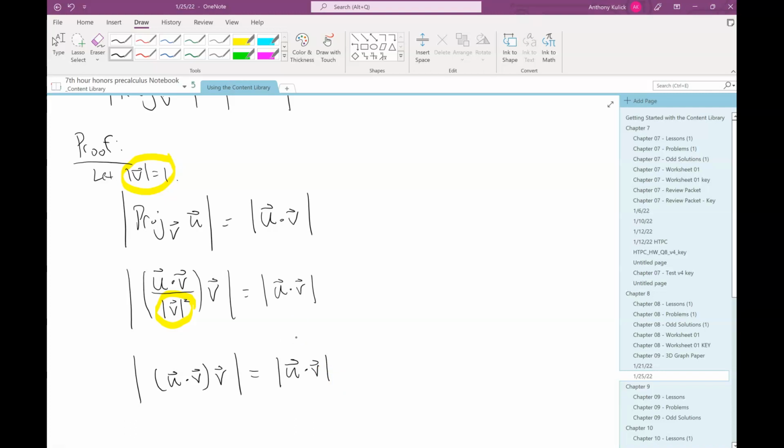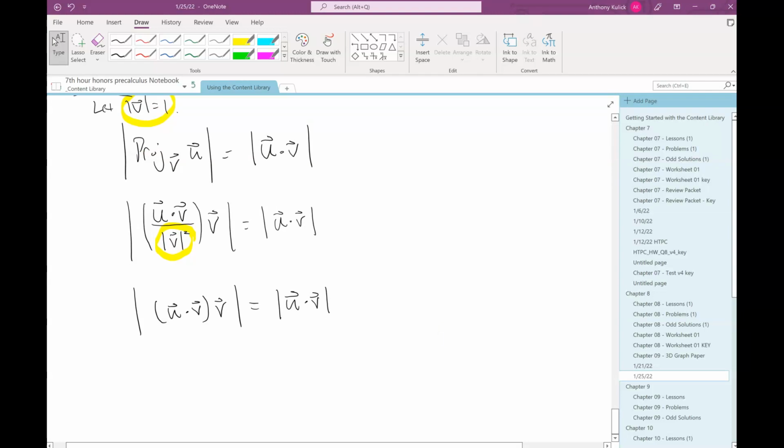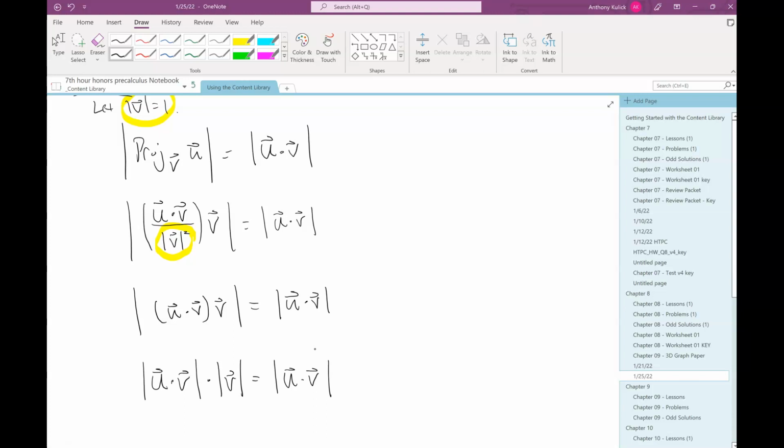Everybody's okay with that? Now remember from before we saw that when we're calculating a magnitude, we can pull a scalar out of that. That's what I'm going to do now. But when I pull that scalar out, I know it's going to create an absolute value around that scalar. Again, because I know that a magnitude can't give me a negative number, so whatever that scalar is has to be positive. What do I notice again?